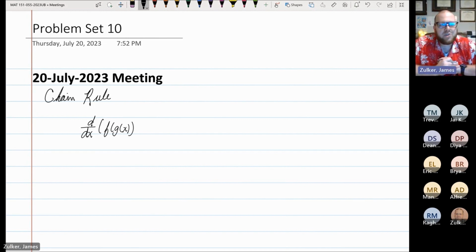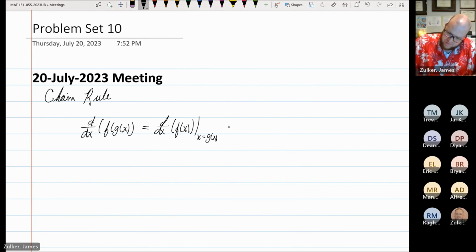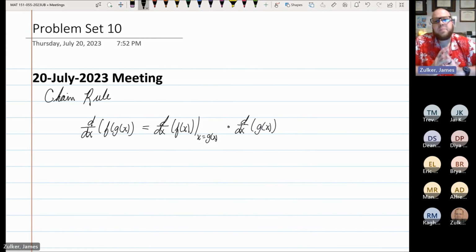The derivative d/dx of f of g of x is the derivative of f evaluated at g of x times the derivative of g.